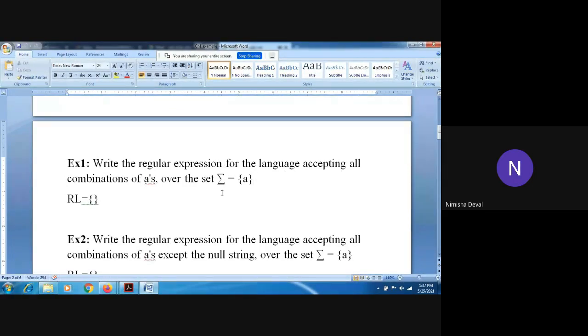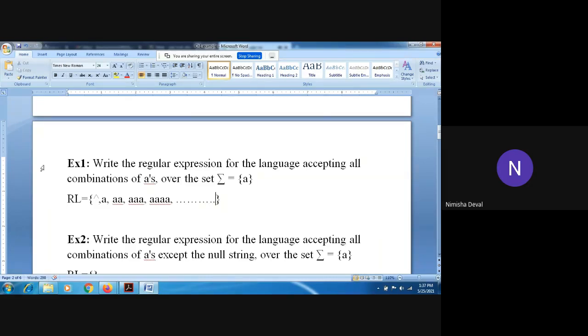Language accepting all combinations of a's means a^0, which is null, since they said all combinations. Then a^1, single a, a^2, two a's, a^3, three a's, the same for the fourth, and so on. This process goes on.